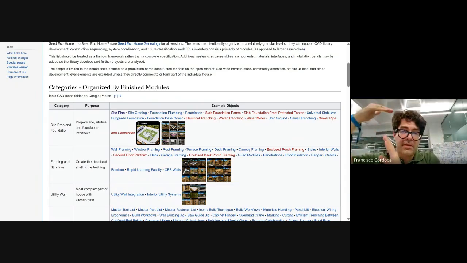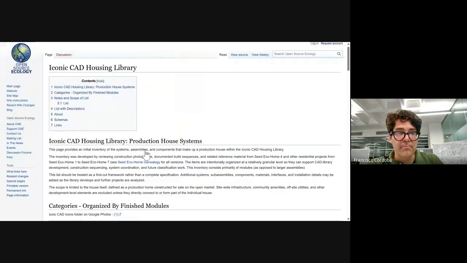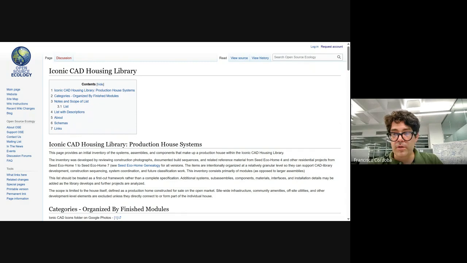But we will always have a place to give feedback to the system to tell if what is showing is right or wrong and why and what to fix. So I would call it the Iconic CAD AI software. This is what I'm thinking.